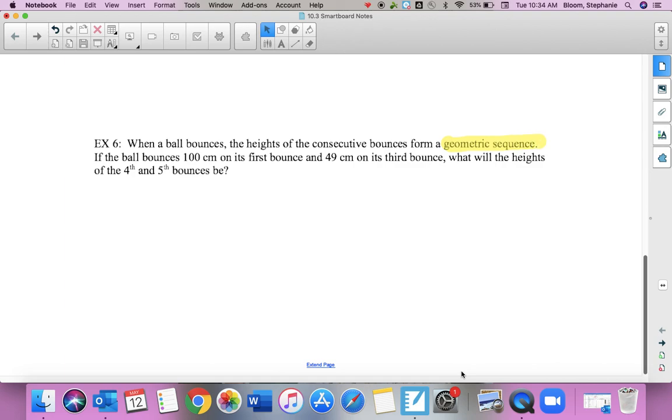If the ball bounces 100 centimeters on its first bounce and 49 centimeters on its third bounce, what will the heights of the fourth and fifth bounces be? We know that our first bounce is 100, and our third bounce is 49. The question is, what's the fourth bounce and what's the fifth bounce?